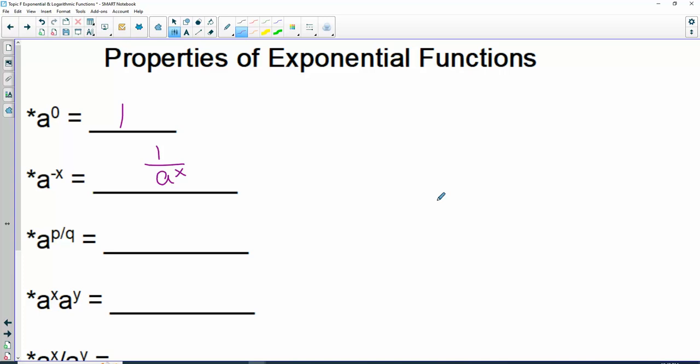So it would be the p root, or the cube root of a to the p. And it doesn't matter if this p is under the radical or outside. It can actually be either.